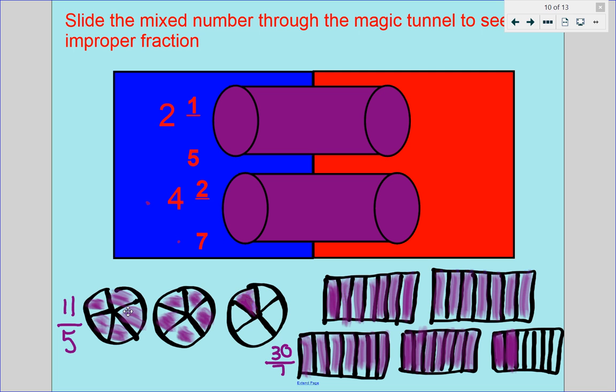And we said we had 2 full pies times 5. 2 times 5 is 10, plus that 1 more piece makes 11 over our 5. Here we had 7 pieces in each of the pies times 4, that's 28 pieces, plus 2 more gives me 30, and that gives me 30/7.